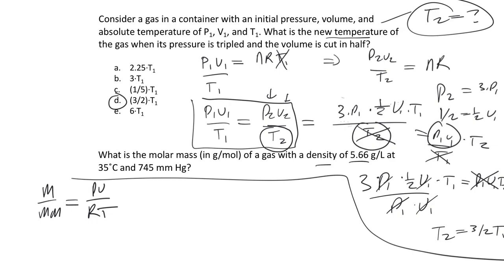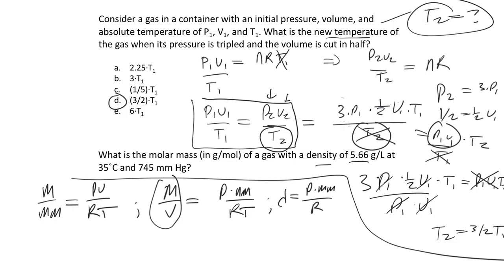And so again, if we rewrote this as M over V, that's equal to pressure times molar mass over RT, and this, of course, is density. So we have density is pressure times molar mass over RT.